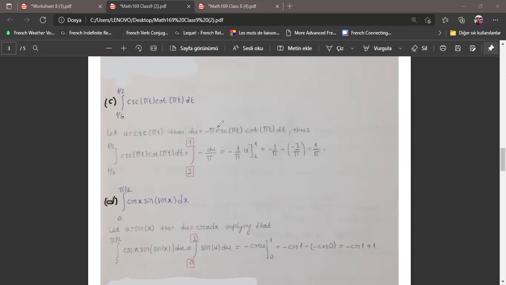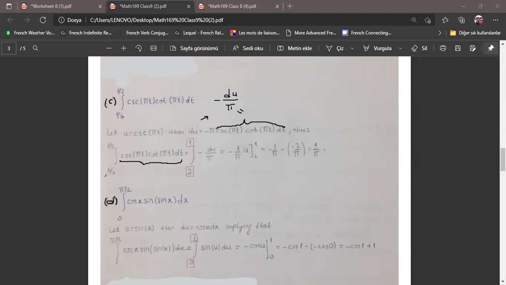We have this one, cosecant pi t cotangent pi t dt is equal to du over pi, right? From this equality, we get this. We had before this whole thing, so it's equal to minus du over pi, right? So we have this inside of the integral.